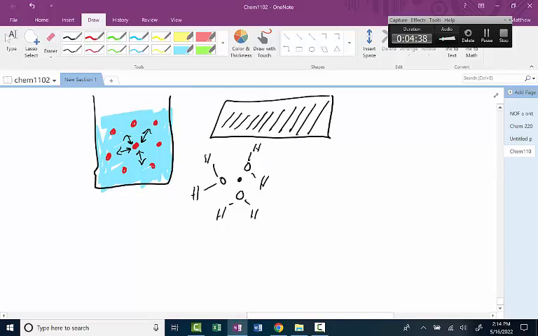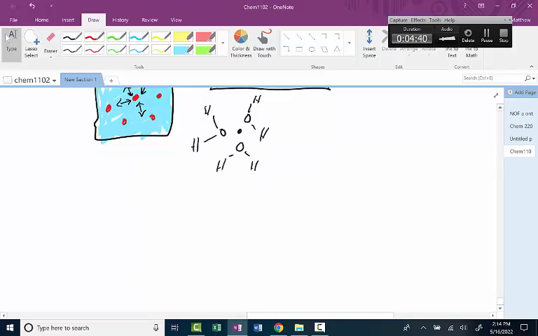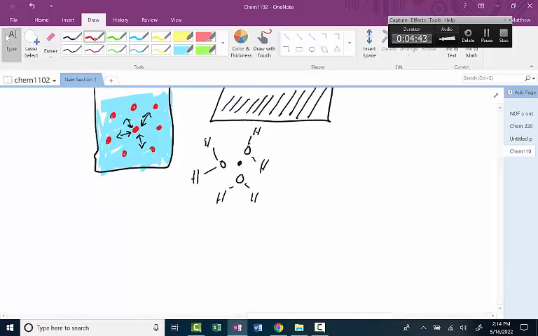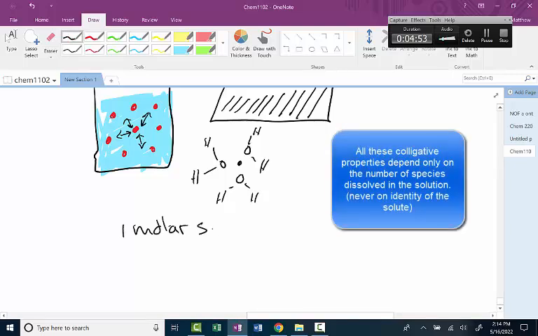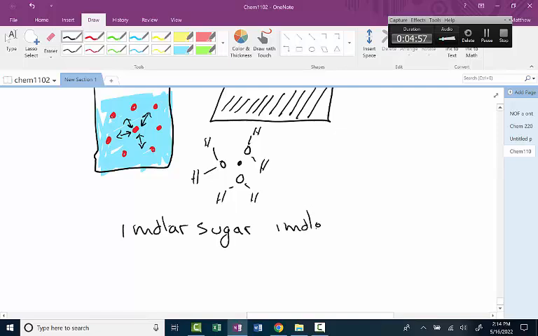And this is completely dependent upon the number of species you have in there, not the identity. It's never important on the identity. So if I have 1 molar sugar solution, that gives me 1 mole of particles, molecules, per 1 liter of solution.